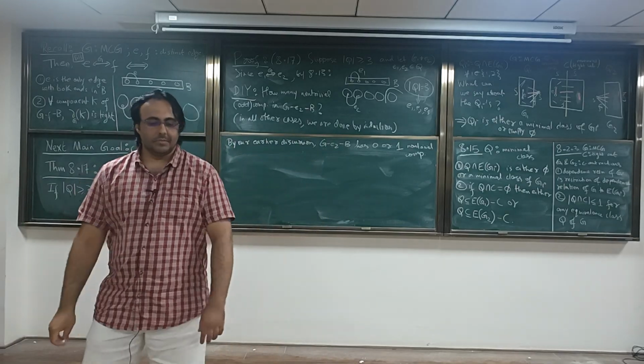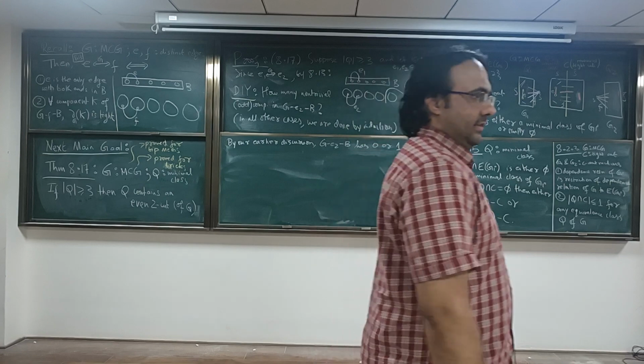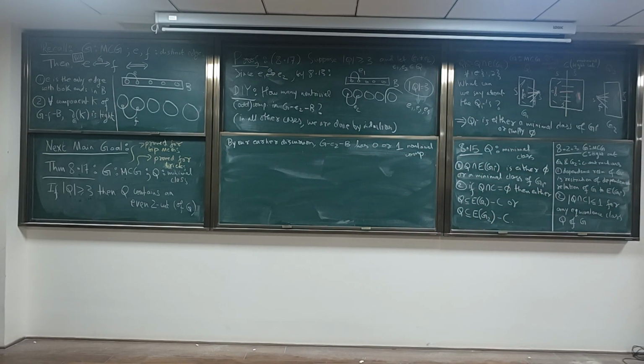Yeah? And we are not done with the 0 case. We need to work on the 0 case. What we will do today is we will finish the 0 case. And tomorrow, or sorry, Wednesday we will finish the 1 case. Yeah?